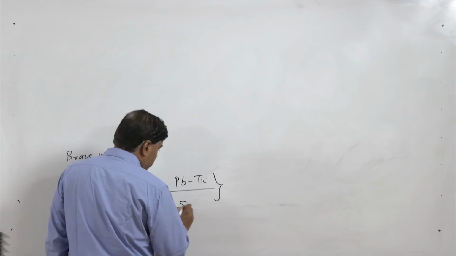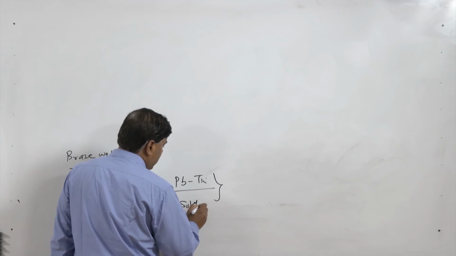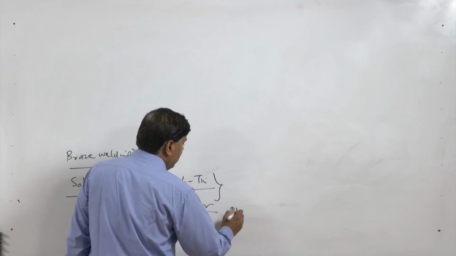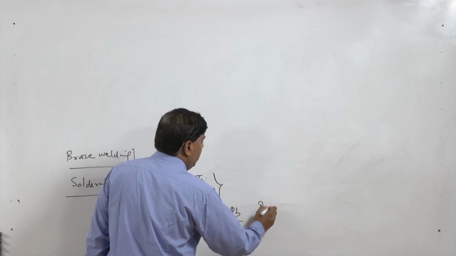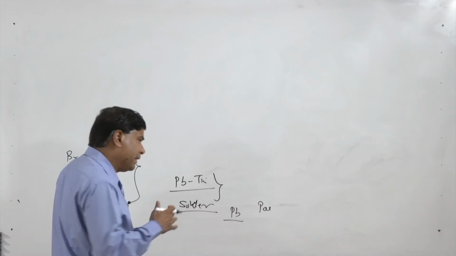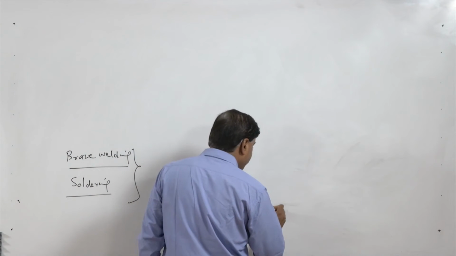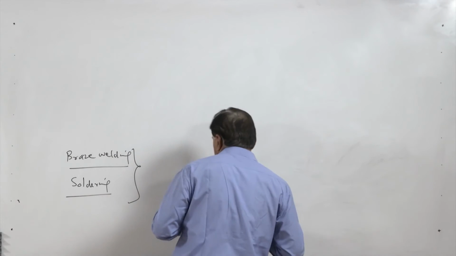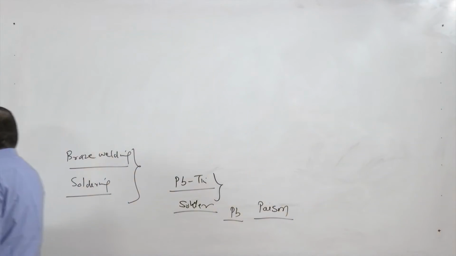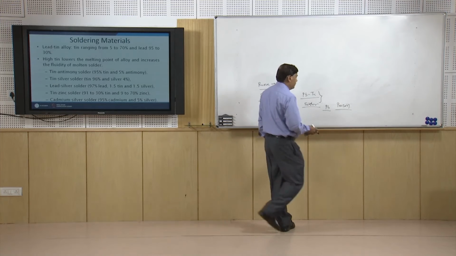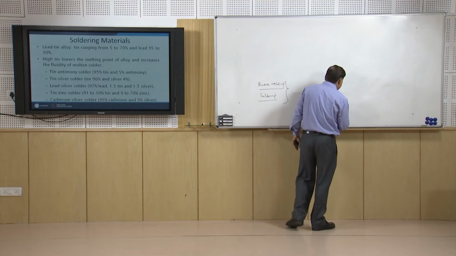in these solders, the main issue is about lead being poisonous. At high temperature it gives off poisonous gases which are harmful for the health of human beings during the operation.